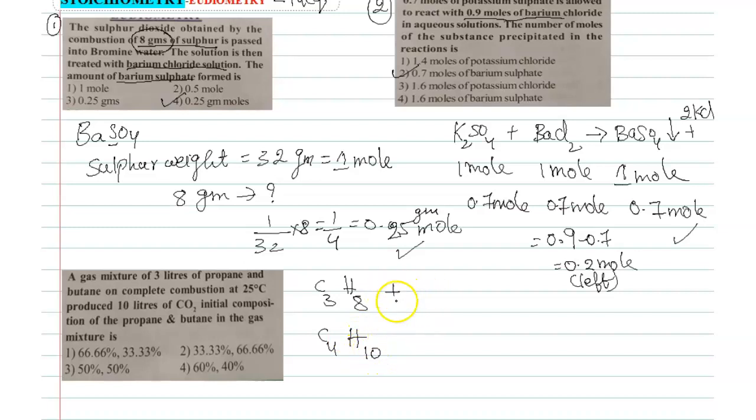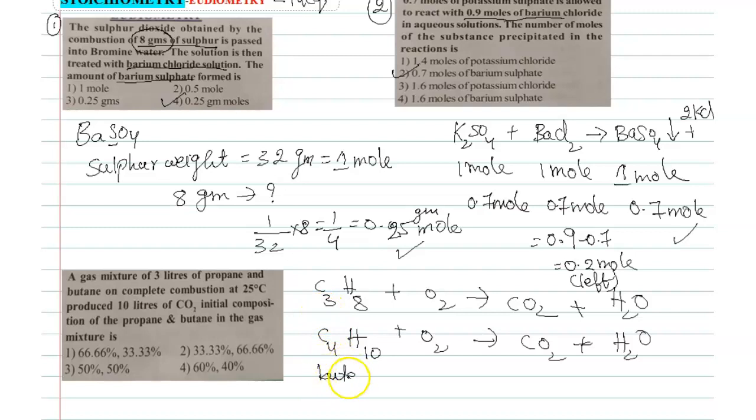So on combustion any substance forms CO2 plus H2O only. But this mixture is there in a vessel, a gas mixture. So this is butane, this is propane.